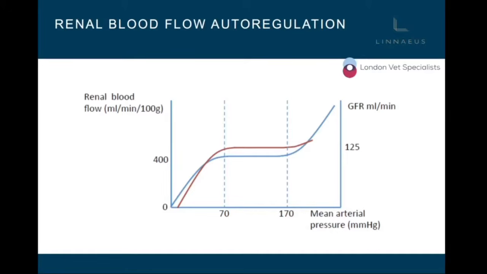So again, on this graph, the absolute figures will vary depending on which text you use, but renal blood flow is maintained at a steady level between mean arterial pressures of 70 to 170 millimeters of mercury. But if you drop below that level, then blood flow becomes pressure dependent. So the more significant the hypovolemia, the more significant the hypotension, the less blood flow to the kidney and the higher the risk of nephron loss.